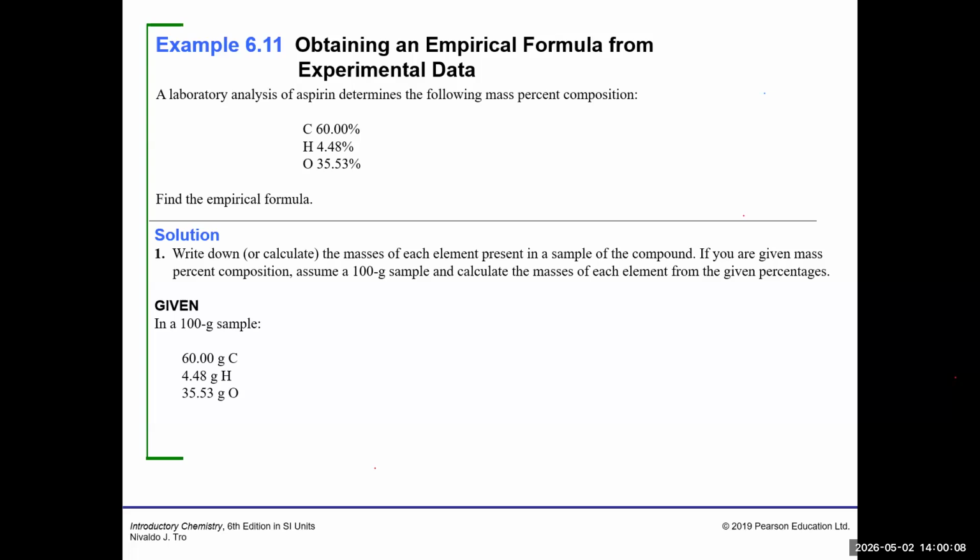A laboratory analysis of aspirin determines the following mass percents: 60.00% carbon, 4.48% hydrogen, and 35.53% oxygen.